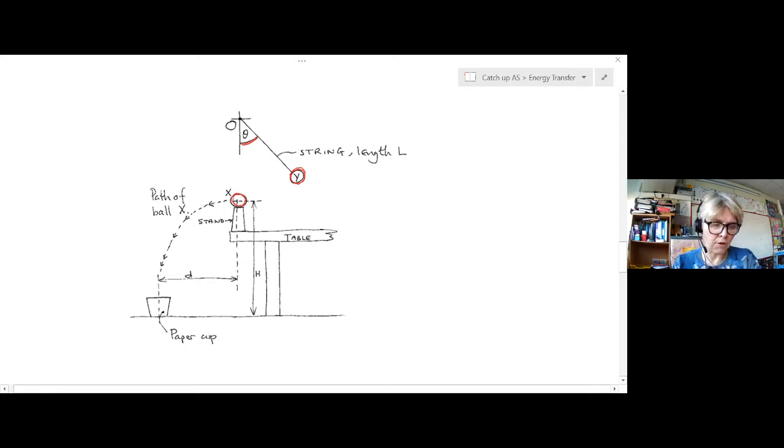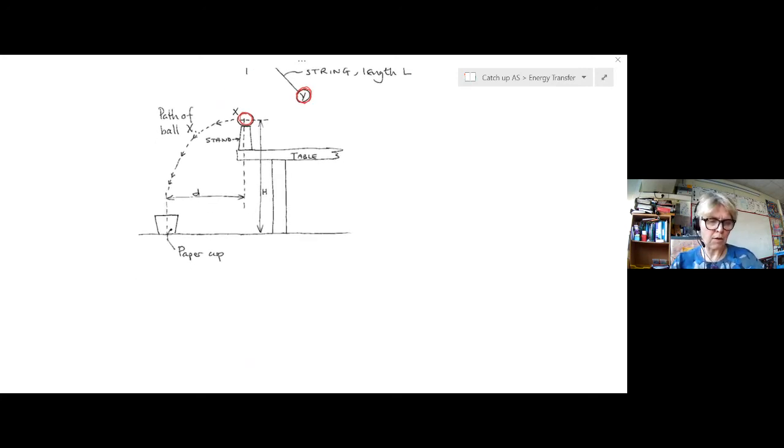So this is quite an involved and detailed set of equations that you have to be able to apply, and they're not just energy equations.